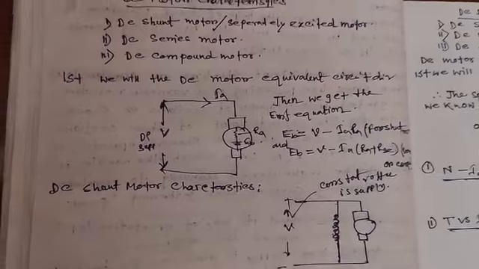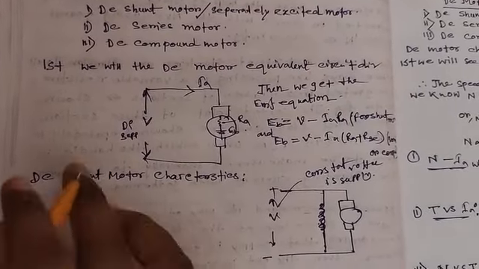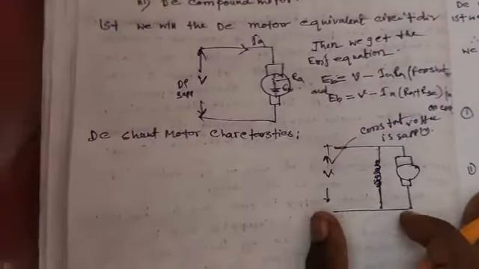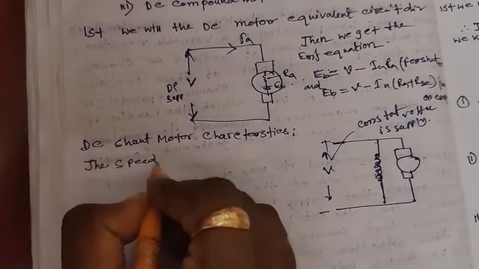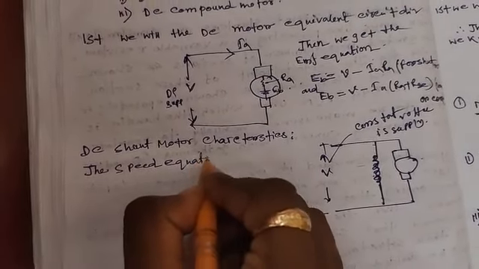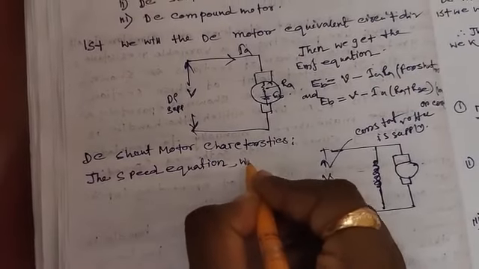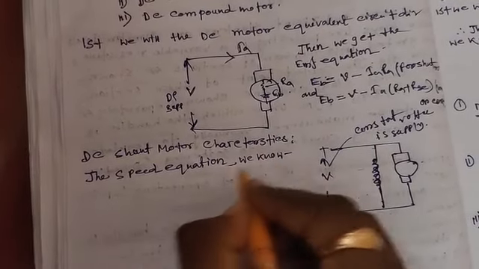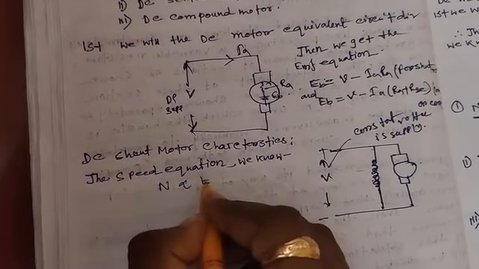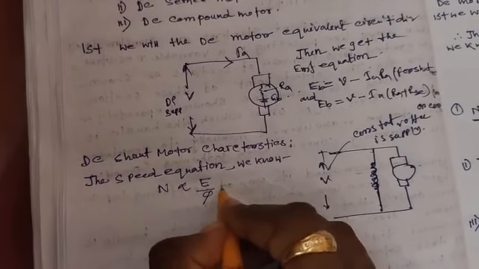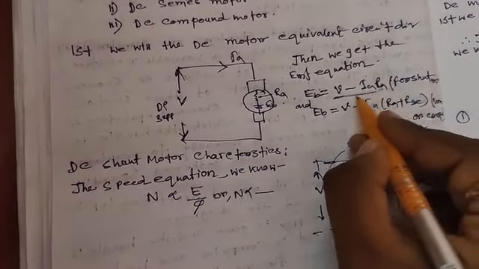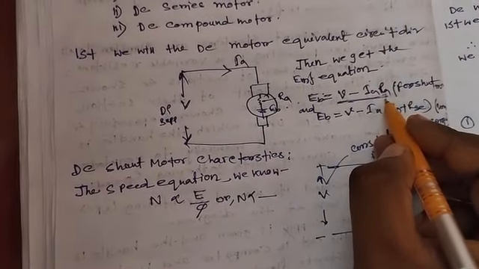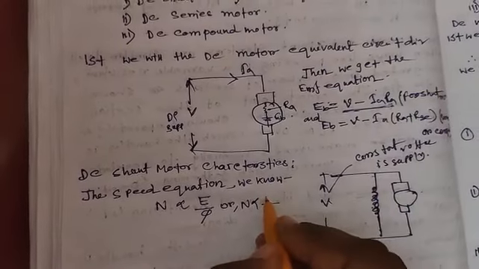First we see the speed equation. We know the speed equation: N is proportional to Eb by phi, so N is proportional to (V minus Ia Ra) by phi.